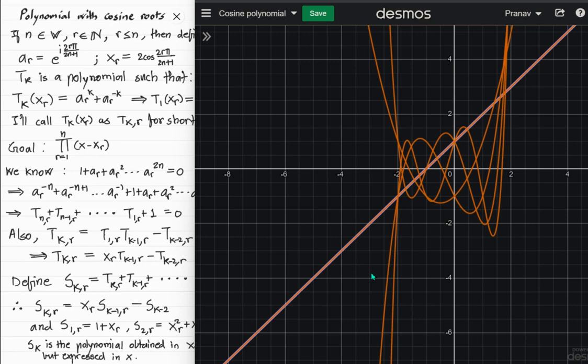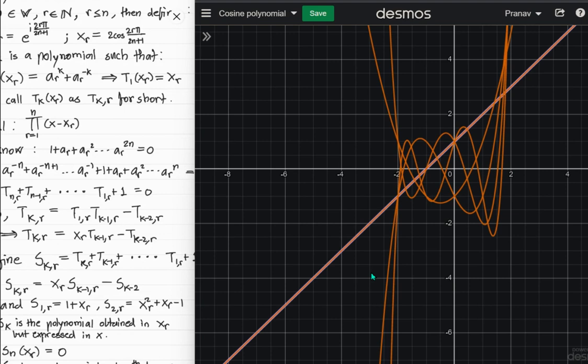Right. So just using this property that x sub r is basically a sub r plus the inverse of that, so a sub r plus 1 upon a sub r, you can write this expression as a polynomial function in x sub r. And of course, we'll not use x sub r for the actual polynomial definition, we'll use x.